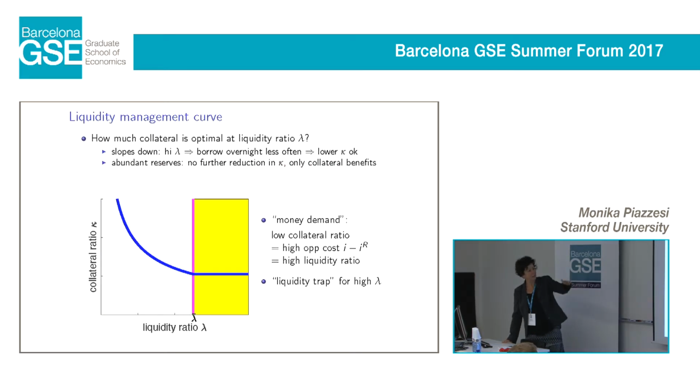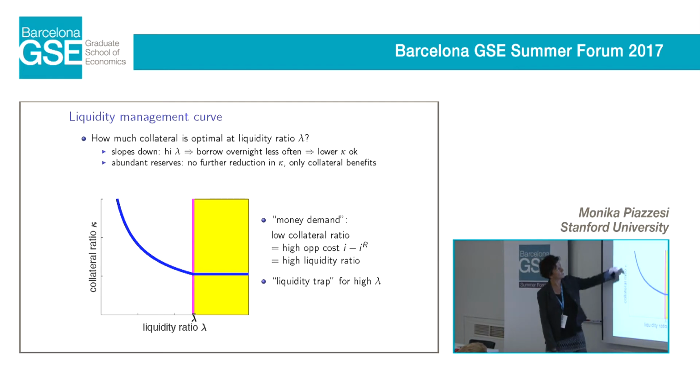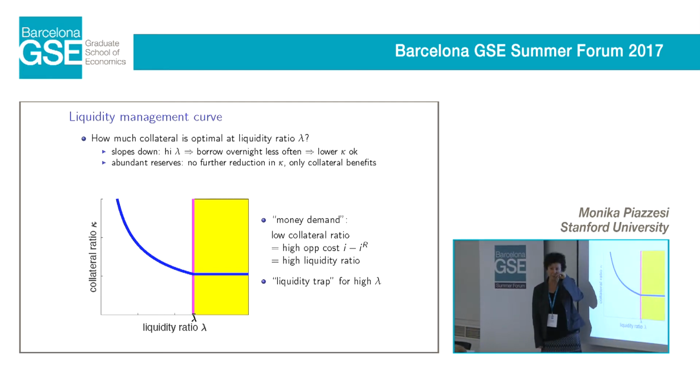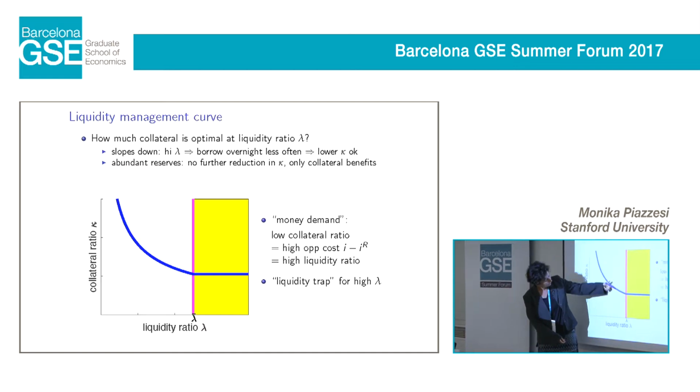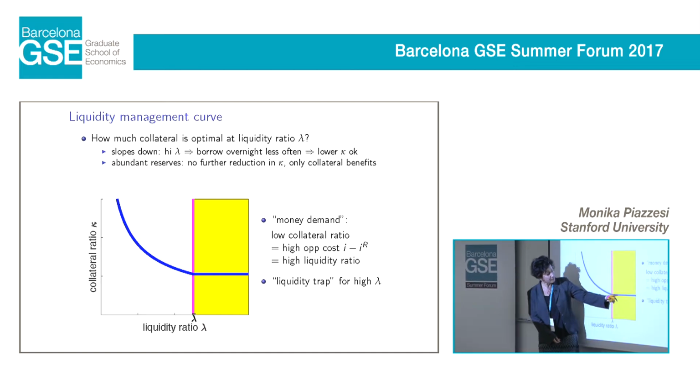And so this trade-off is going to lead to something that looks a lot like a money demand function for banks. For low liquidity ratios, banks choose high collateral ratios. And if they hold higher and higher liquidity ratios, their collateral ratio won't drop any further. So this looks like a liquidity trap, essentially.